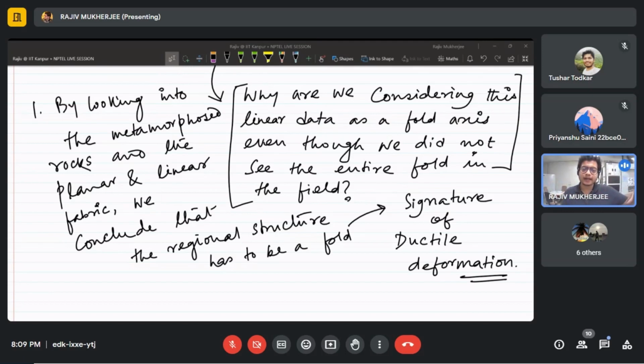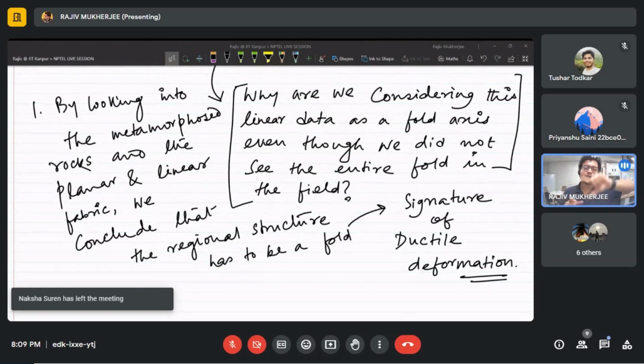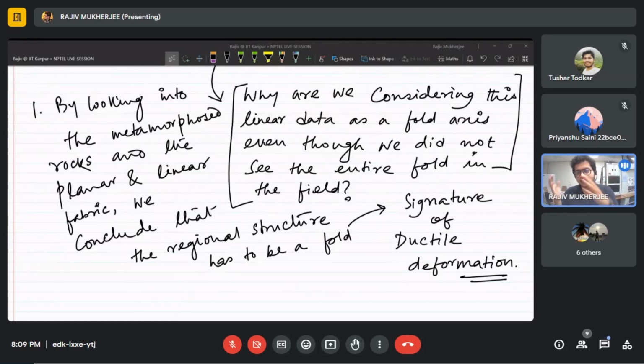Having the bedding plane data, you can map the actual morphology of the fold, where the hinge is, where the limbs are, whether there are double hinges or multiple hinges, whether there is a single hinge. These kind of things are possible to be interpreted from the planar data. And from the linear data, it is possible to have a visual evidence whether the fold is turning, or the fold is further deforming, or there are multiple sets of fold axes that would tell us there are different phases of deformation, right?